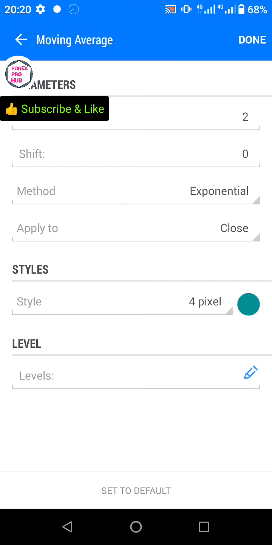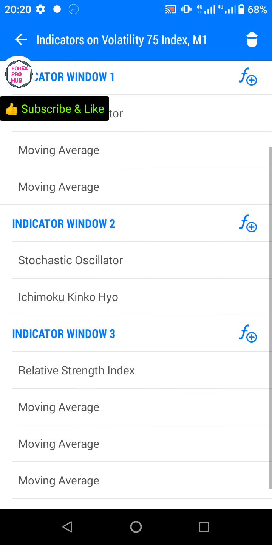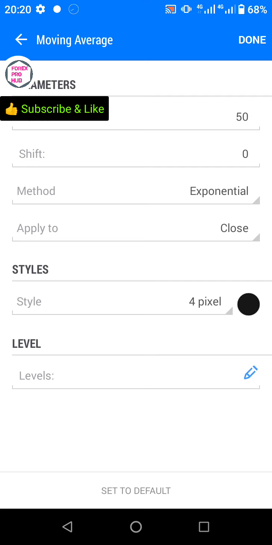Moving average 2, method is exponential, apply to close, 4 pixel, color is blue, and then done. Then the last moving average is moving average 50. Take note, the last moving average is moving average 50, shift is 0, method is exponential, apply to close, style is 4 pixel, and color is black.